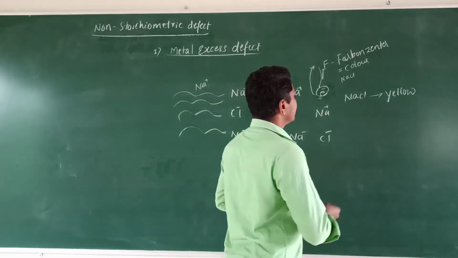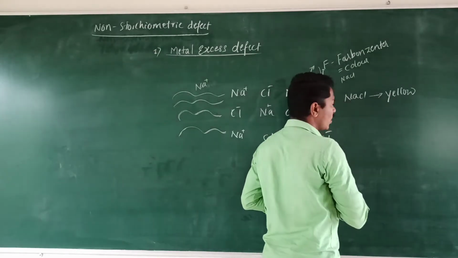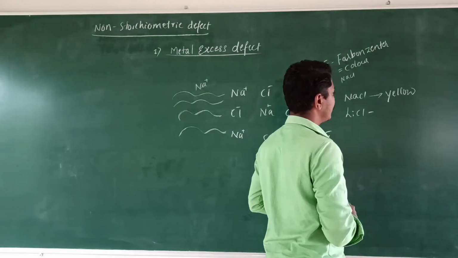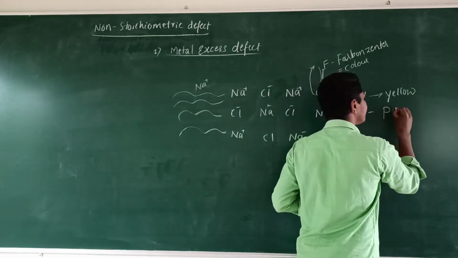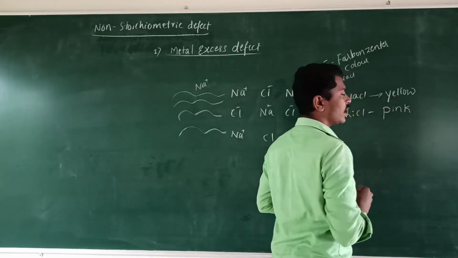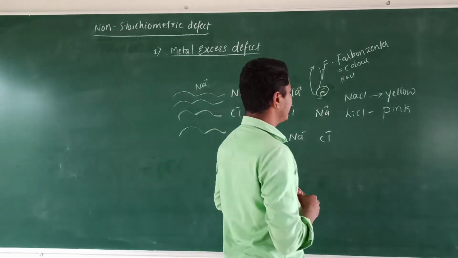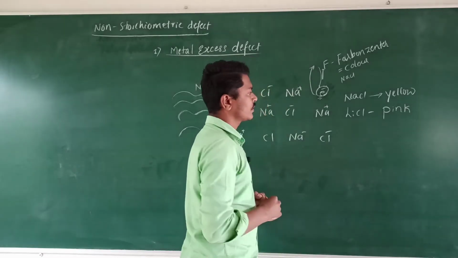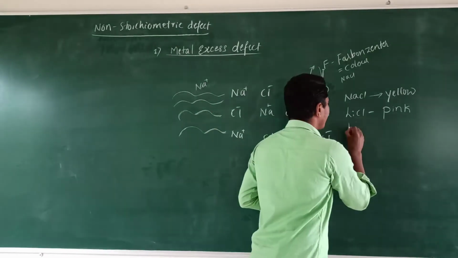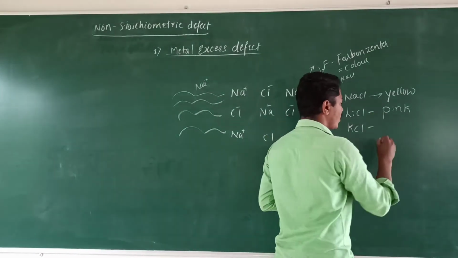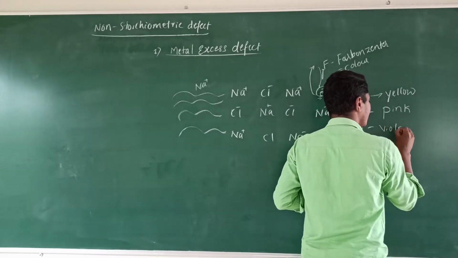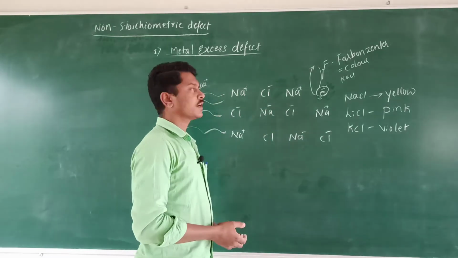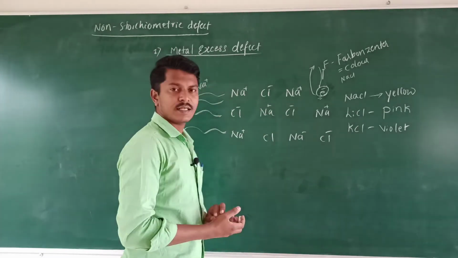NaCl shows yellow color, lithium chloride shows pink color, and KCl shows violet color. Like this, colors appear in metal excess defect.